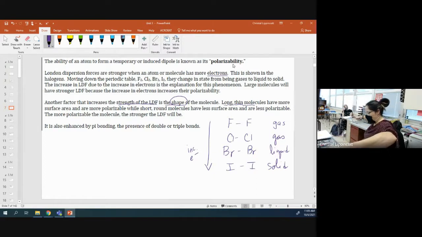But if I have a long, skinny tube of it and I'm trying to walk across the room, there's a pretty good likelihood, especially with me being as klutzy as I am, that water is going to slosh out. These long, thin molecules have more surface area, so they're more polarizable. The less surface area you have, the less polarizable it is. The more surface area you have, the more polarizable it is. The more polarizable, the stronger the LDF.